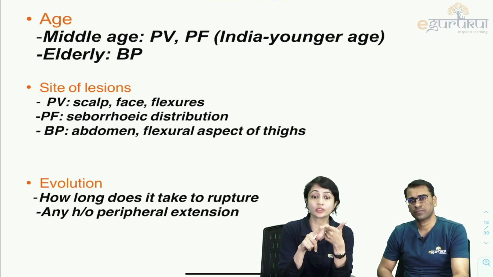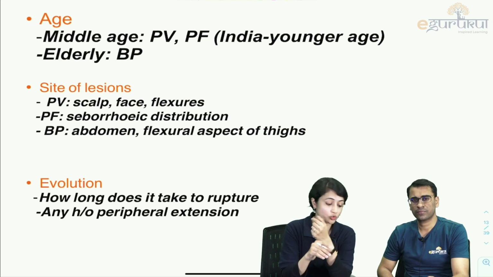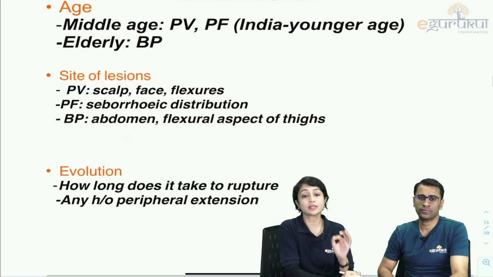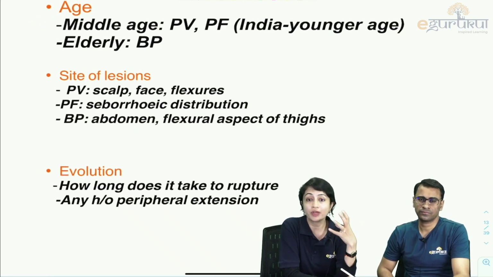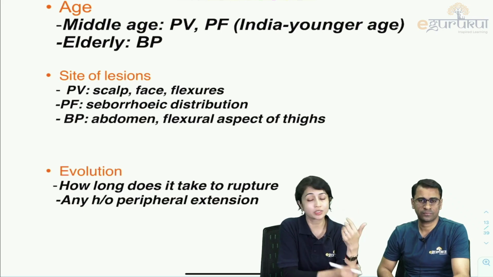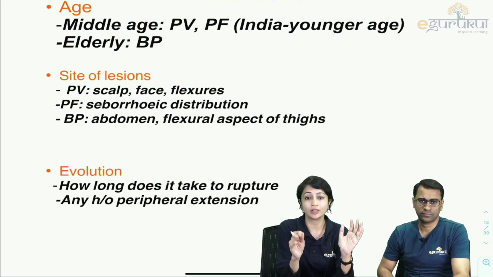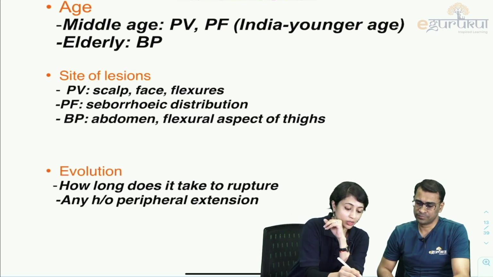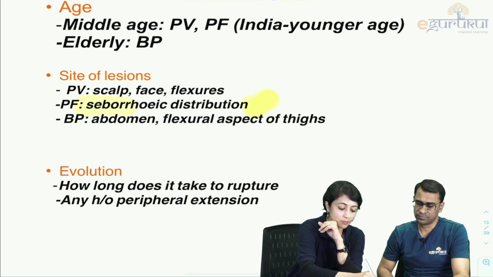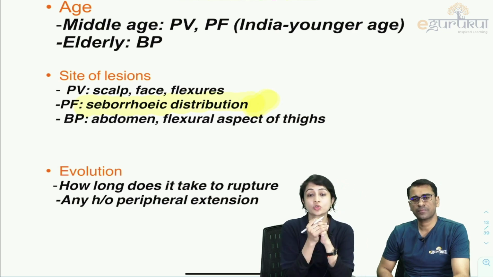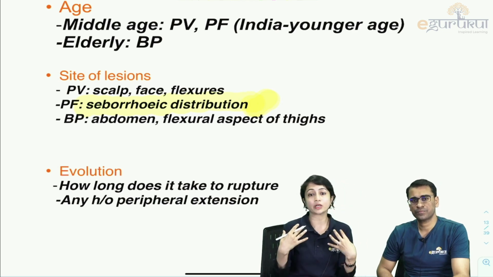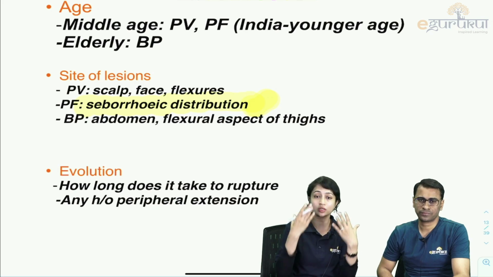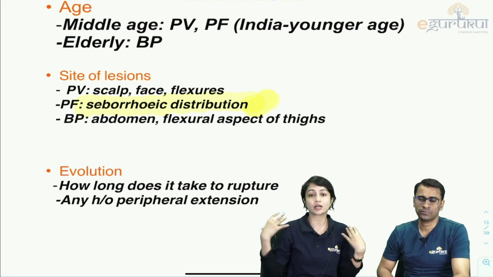Then, the next important thing: what are the sites of the lesions that you see? Pemphigus vulgaris typically affects the face, scalp, and flexures. It can involve the whole body as well, but these are the typical sites. But the more classical distribution is with Pemphigus foliaceus, where I see a seborrheic distribution. So what is seborrheic distribution? The upper part of the body where the sebaceous glands are located: face, scalp, upper trunk, upper chest.